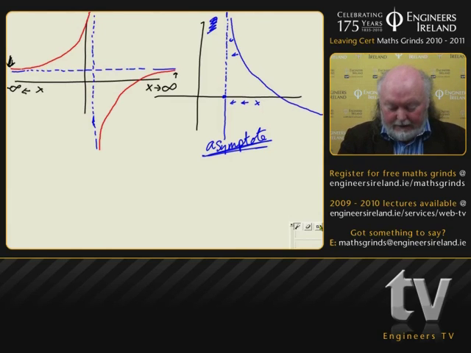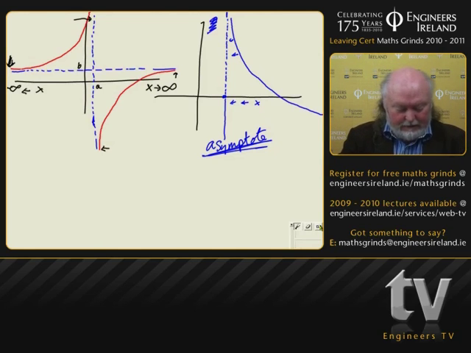And for a particular value, which we will just say is a here, as x gets closer and closer to a, the value of the function gets closer and closer to the blue line. That's from a bigger value of x, and from smaller values of x, it's also getting closer and closer to that line.